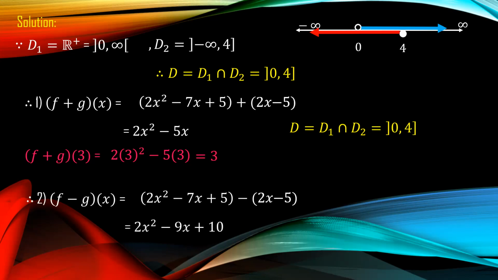In the simplest form, equals 2x power 2 minus 9x plus 10. The domain equals d1 intersection d2 equals the semi-open interval 0 to 4. f minus g of 0 is undefined because 0 doesn't belong to the domain of the function f minus g.